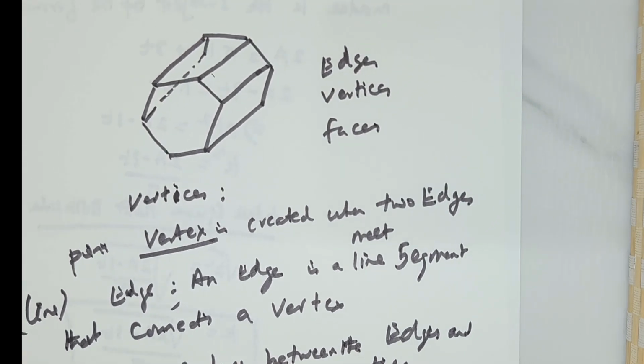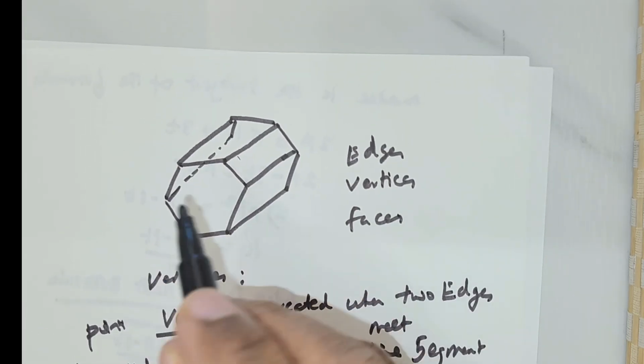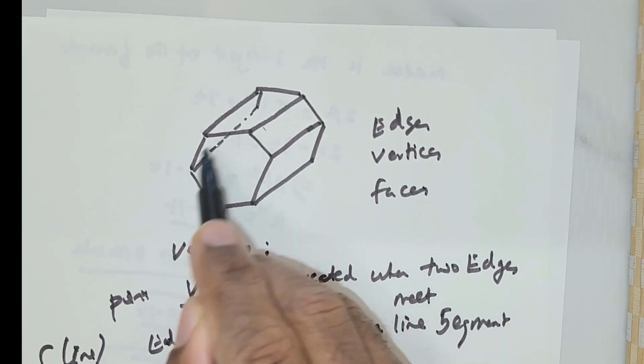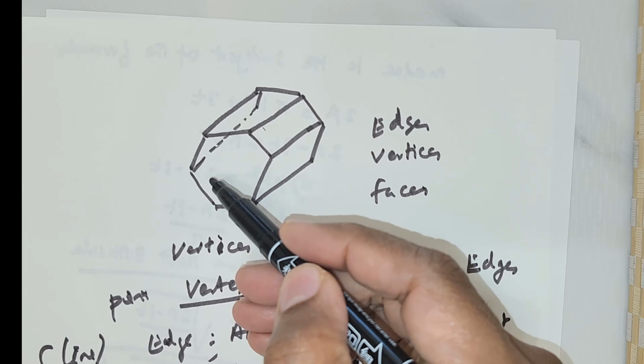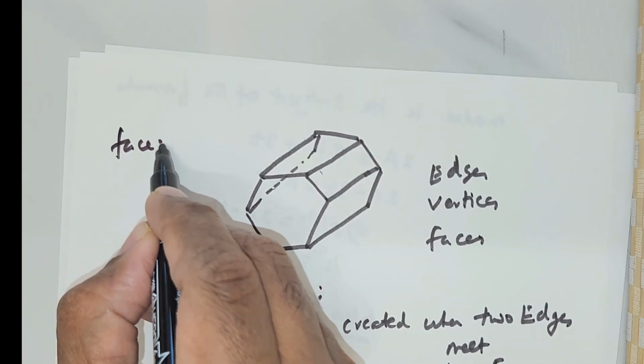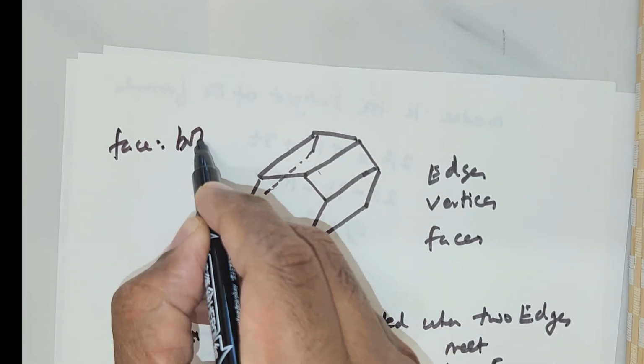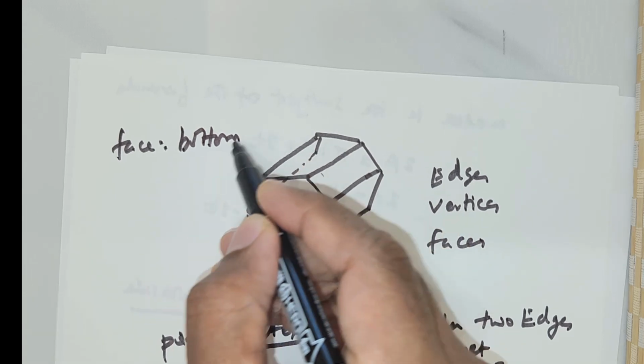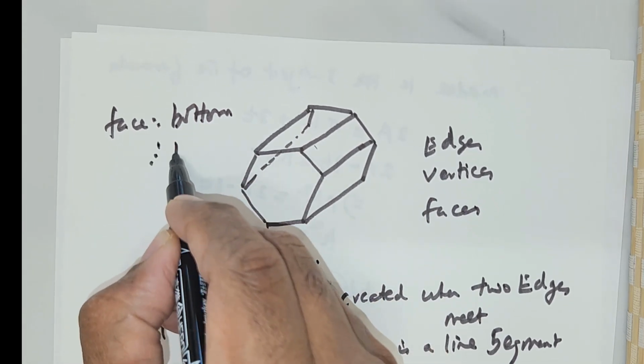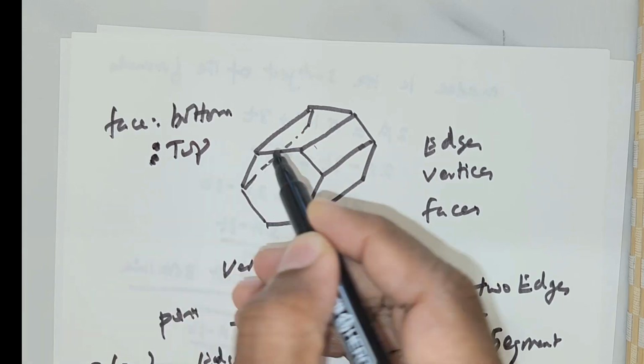So if I were to look into the face, first let us start with the face. So how many faces do you have? There is a face in the bottom, and you have a face at the top, right?